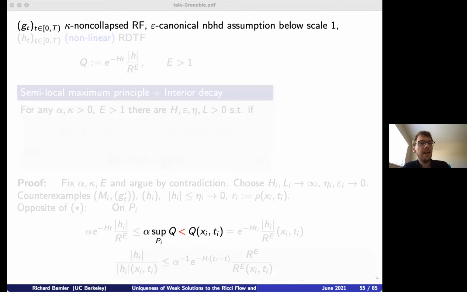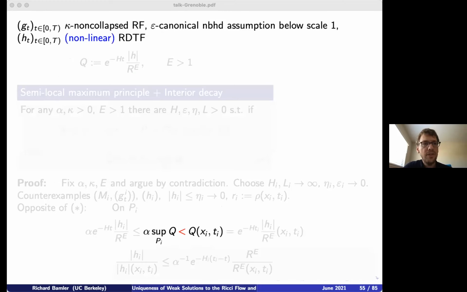Now let me apply this, and let me actually derive a useful theorem. In the following, I'm going to consider a kappa non-collapsed Ricci flow, and I'm going to assume that I have the epsilon canonical neighborhood assumption below scale 1. So basically, I want to be in the setup as in the toy case, a 3-dimensional Ricci flow, of course.